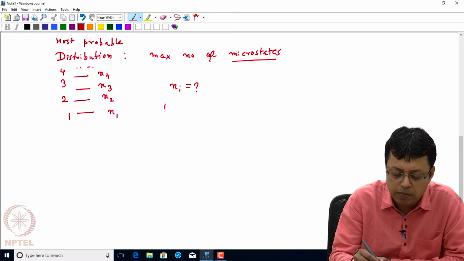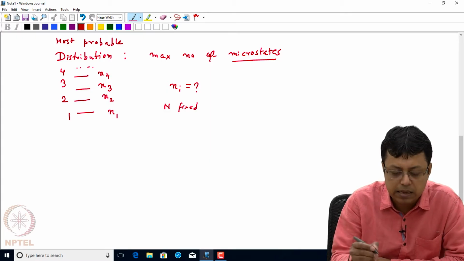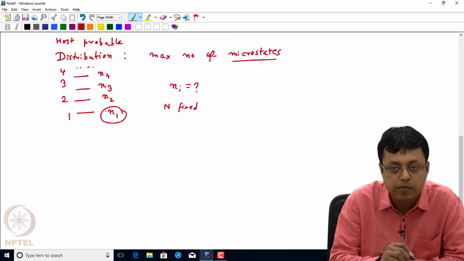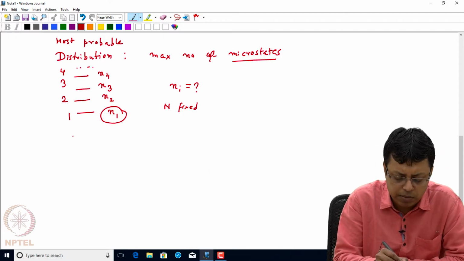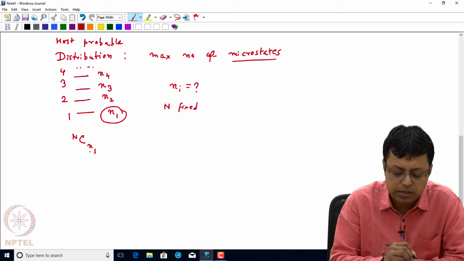If the total number of particles N is fixed, then I can fill the first energy level, and by combination, I can choose it in N C N1 different ways.